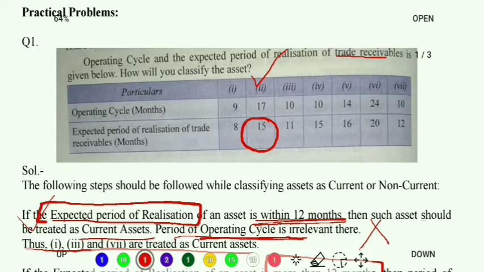How much is the operating cycle? It is 17 months, and the expected period of realization is 15 months. So we can conclude that the expected period of realization is less than the operating cycle. As it is less than the operating cycle months, we can classify the asset as current asset. Understood?